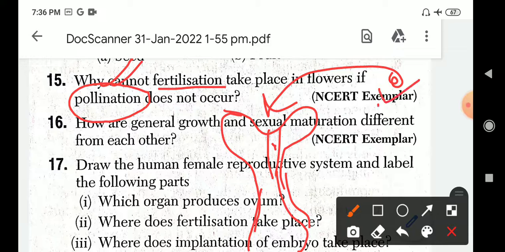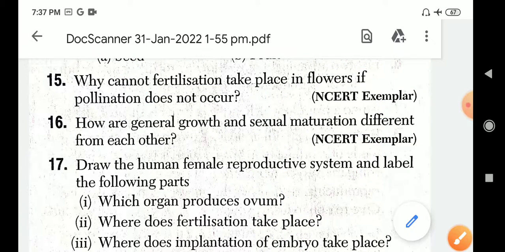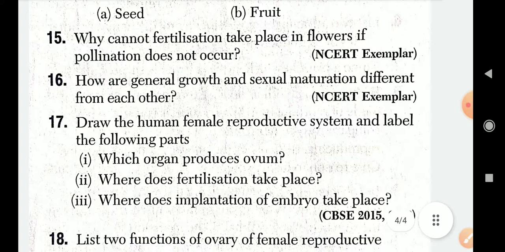If pollination does not take place, then obviously fertilization will not happen here, and in the absence of fertilization, the further process will not take place. It means half the DNA is here, half the DNA is inside the egg. If these do not fuse, then obviously the genetic material will not be completed and the further process will not take place, right? How are general growth and sexual maturation different from each other?